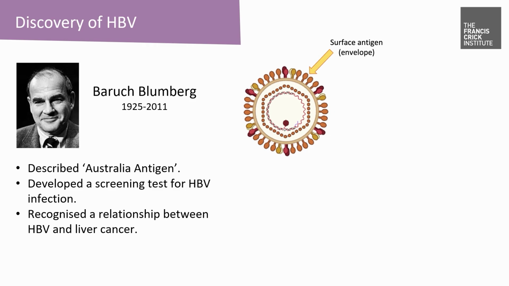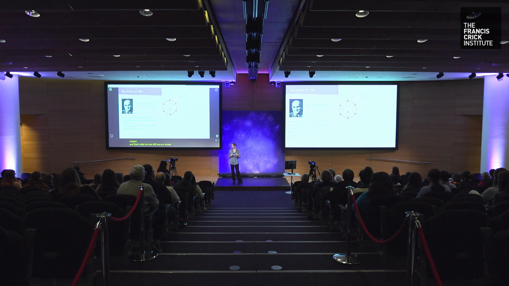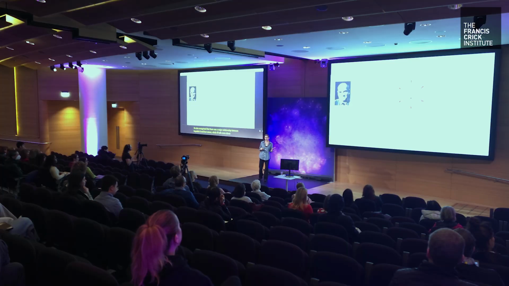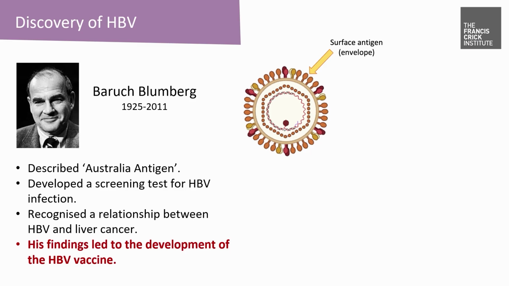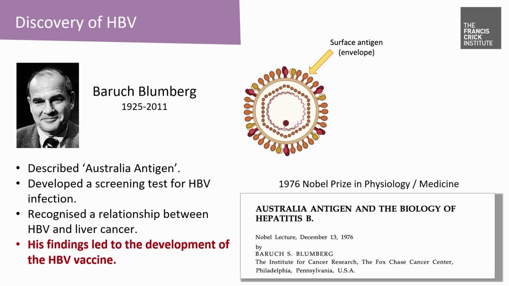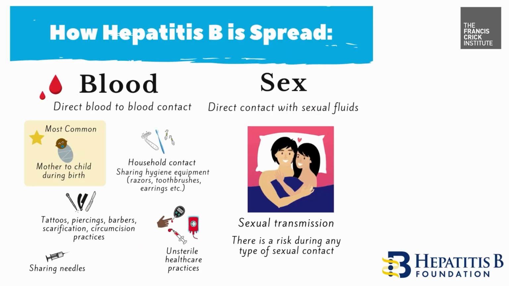And that's what we now still use as a screening test to diagnose the infection, to detect if someone's living with it. He also recognized that there was a major relationship between hepatitis B and liver cancer, which I'll talk more about. And importantly, his findings have led us on to a hepatitis B vaccine. And for these discoveries, he was appropriately awarded the Nobel Prize.